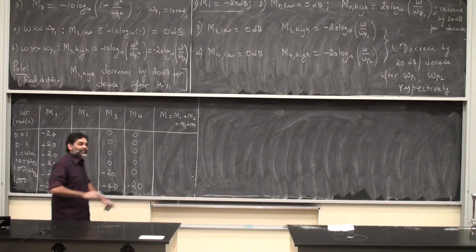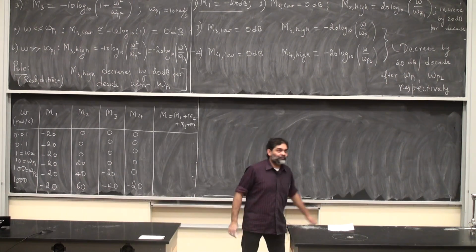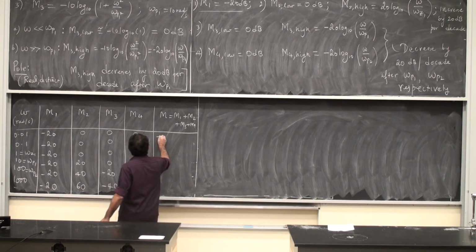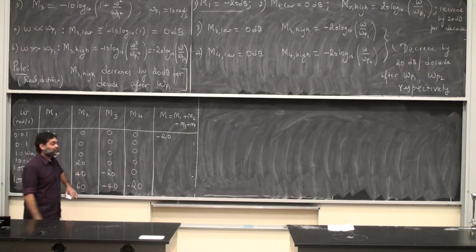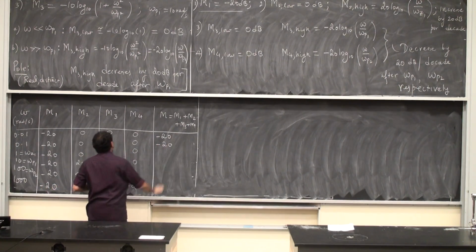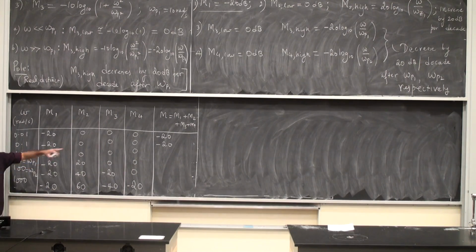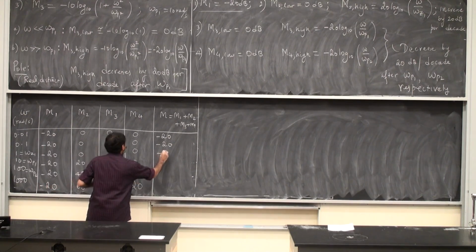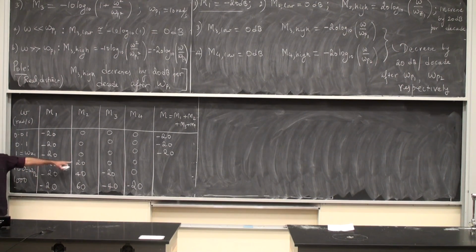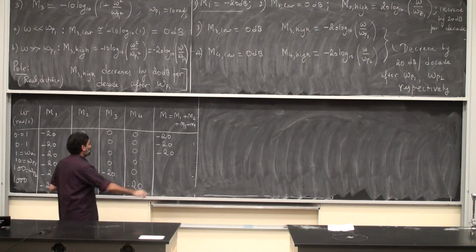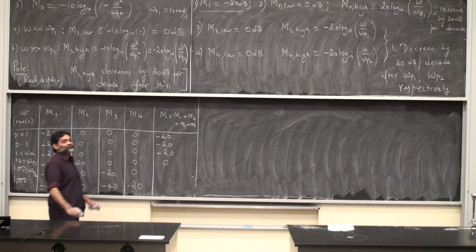And then what do you do? You add them all up. Okay? So this is going to give me minus 20. Then minus 20, 0, 0, and 0 is still minus 20. Minus 20, 0, 0, 0 is still minus 20. Suddenly things start lighting up. Minus 20, plus 20, plummet down, positively to 0.